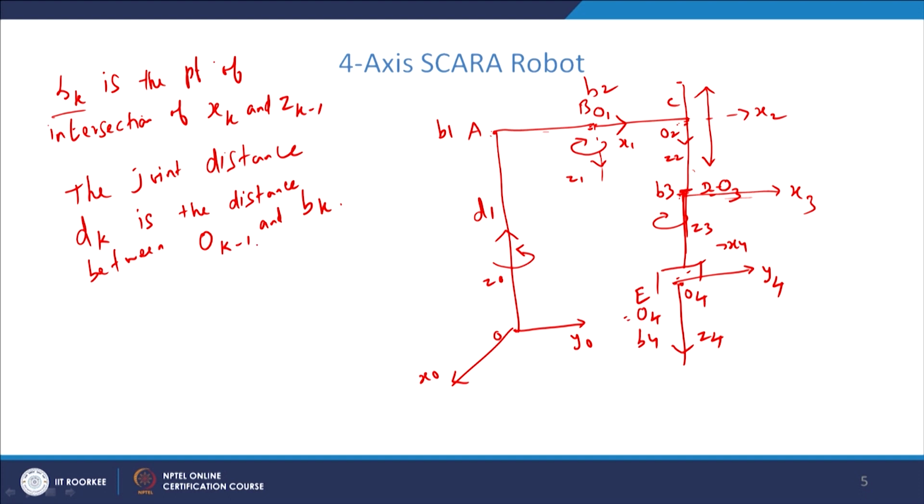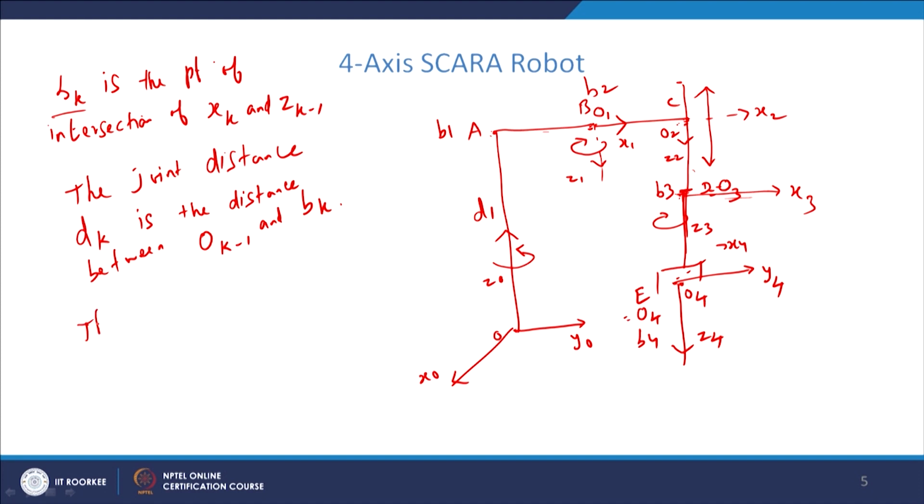Similarly, O2 and B3, O2 is here, B3 is here. So, the length CD is called the D3. So, we can find the joint distance according to this particular rule.